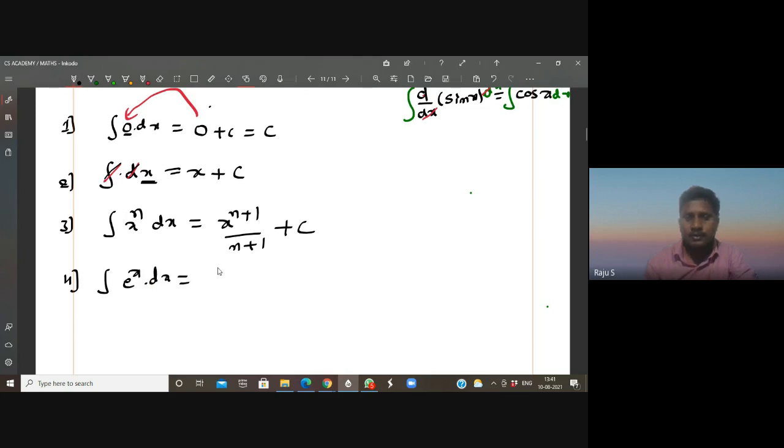Integral of e power x is e power x plus c. Fifth one: integral a power x. A power x is also exponential. Observe here very clearly: e power x is actually e power x by log e, log with base e. So what is the log e value?